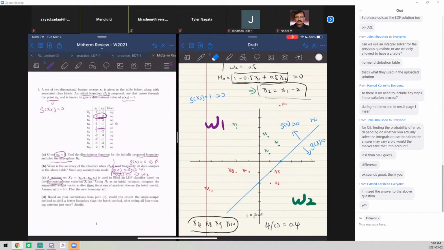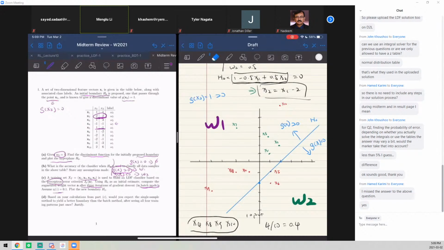It told us we will run it for 3 iterations and in batch mode. So that's important, which mode. It's either single sample mode or the batch mode. That's important. It also gives us the learning rate and asks us to plot the new boundary.